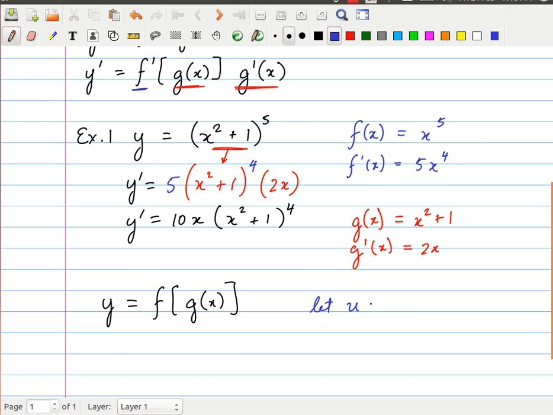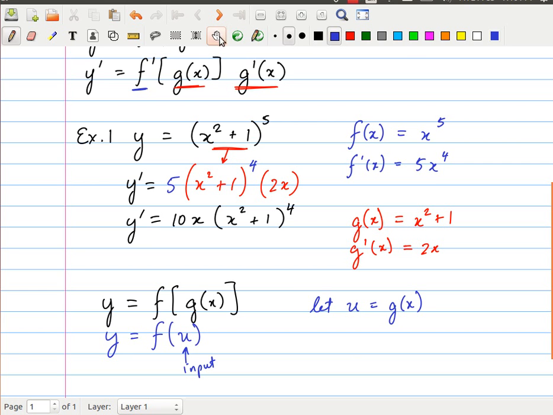We're going to let u equal g of x. And if we let u equal g of x, then I can rewrite this as y equals f of u, which means the input to f is the change of variable, that's u.